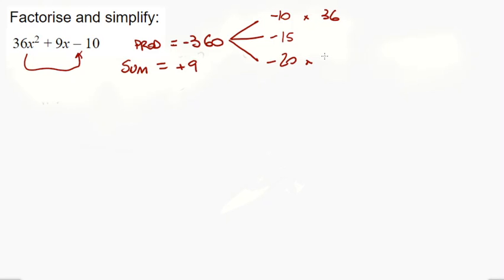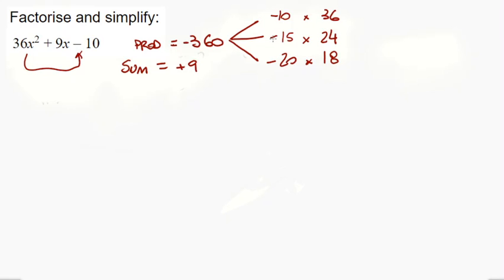So negative 20 times 18, and negative 15 times 24. So what I'm doing here is trying several different numbers that would give us the product 360, and we can check which of those will give us a sum of plus 9. Here, negative 10 and 36, the product is okay, but the sum is not. The sum would be positive 26.